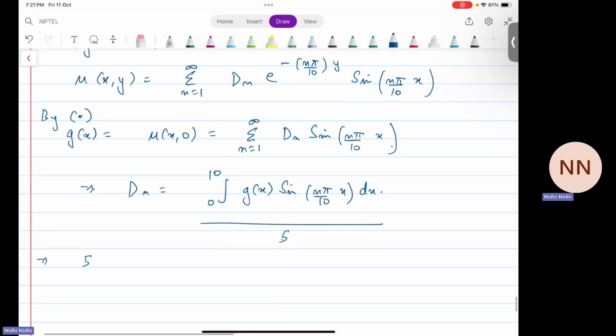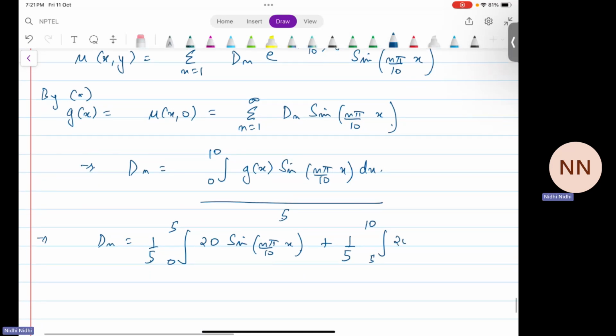So this implies 5 d_n is equal to, now g(x) is a piecewise function. The first part is from 0 to 5, 20 sine n pi by 10 x. So let's take this 5 to that side. This is 1 by 5 plus 1 by 5, 5 to 10, 20 times (10 minus x) sine n pi by 10 x dx.